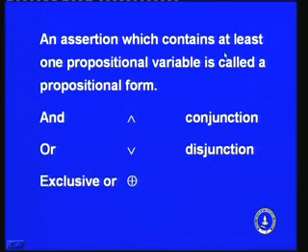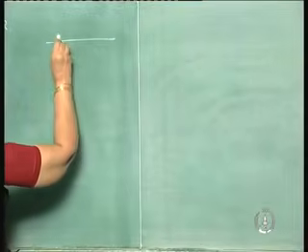An assertion which contains at least one propositional variable is called a propositional form. So, when you connect two propositional variables by and or or, it is a propositional form. We can also use the exclusive or operator. Exclusive or means, the truth table for that will be like this.